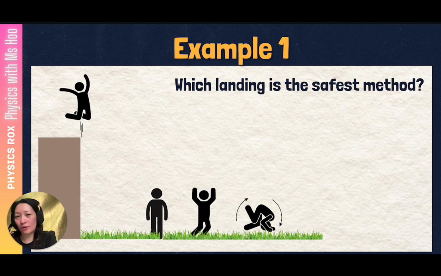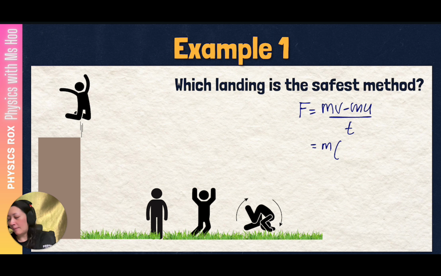So to help you visualize this, I am going to write out the formula for impulsive force, and in this case we're just going to use the formula to make it easier for us to quickly take a look at the comparisons. So we know the formula for impulsive force is F equals mv minus mu over t. If I take m out as the factor, leaving v minus u over t, we can now take a quick look at this example and see how that applies in this formula.